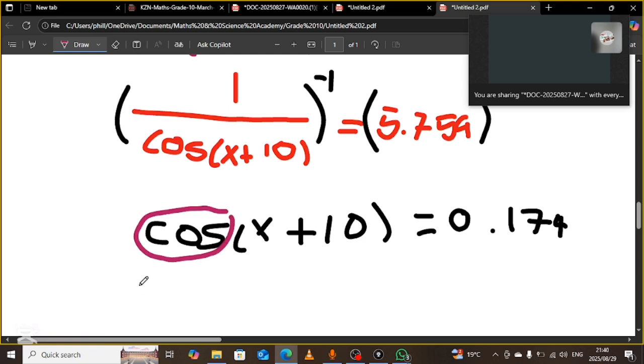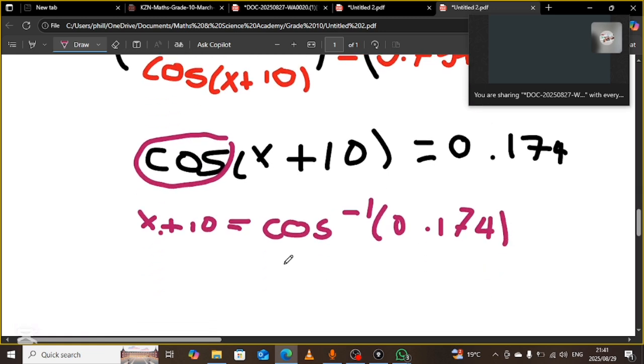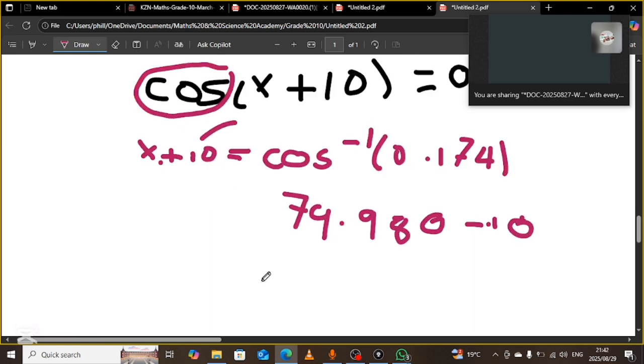So x plus 10 is going to be equal to 79.98. This 10 goes to the right hand side, which is going to be minus 10, right? So x is equal to 69.98.